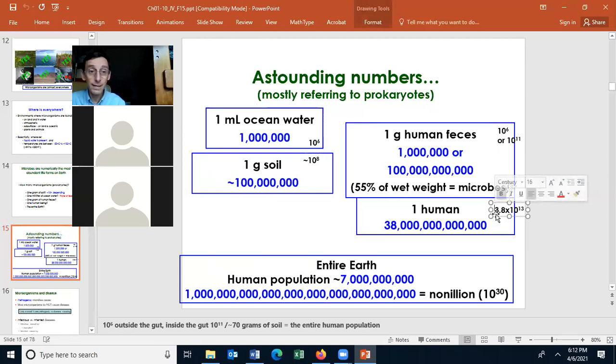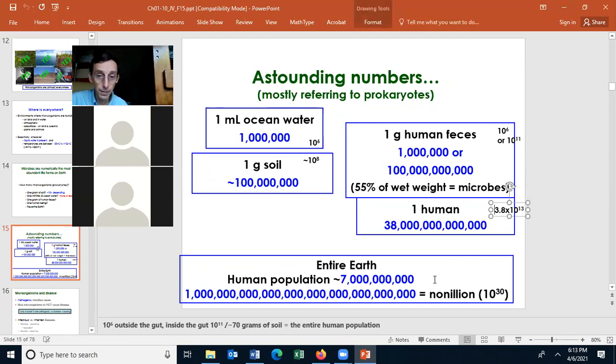So on your skin, in your nasal cavity, your mouth, and your urinary cavities as well. And of course, the gastrointestinal cavity is totally covered with microorganisms.